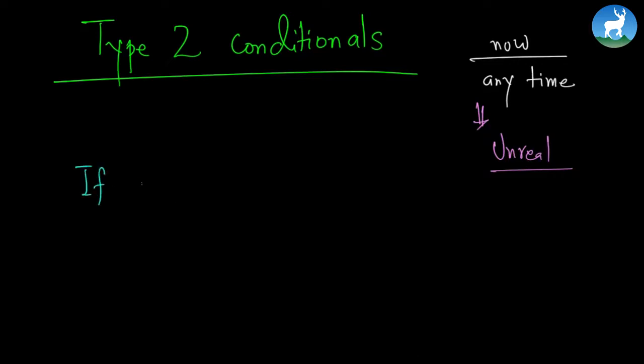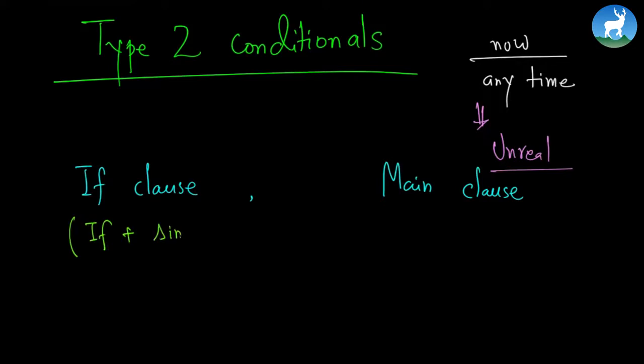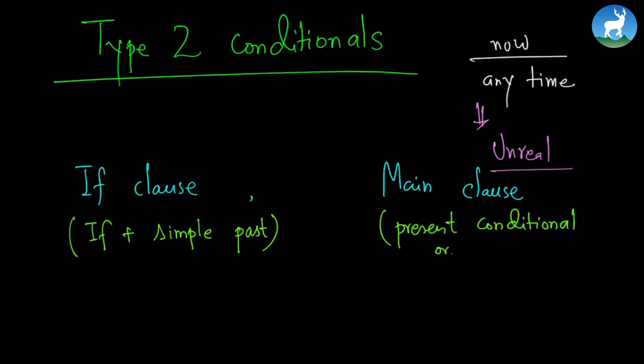We have an if clause and a comma, followed by a main clause, right? So let's write the structure. In the if clause, the structure is if plus simple past, followed by present conditional, or sometimes present continuous conditional. If you don't know what that means, no need to worry, I'll teach you.